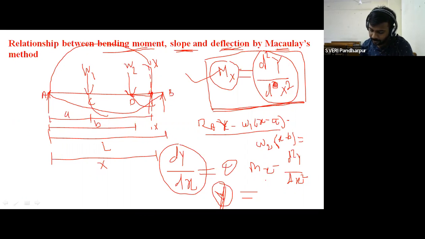Integrating the above bending moment equation, we get the slope equation, that is dy by dx, and again integrating the slope equation, we get the deflection equation.